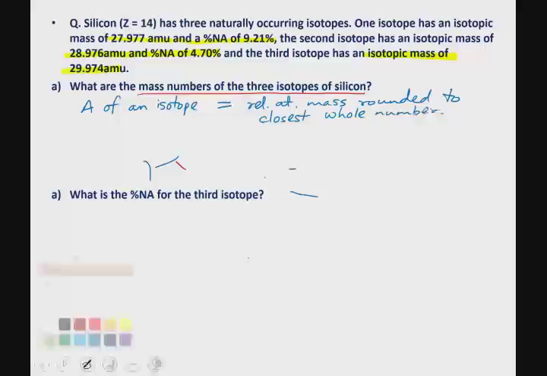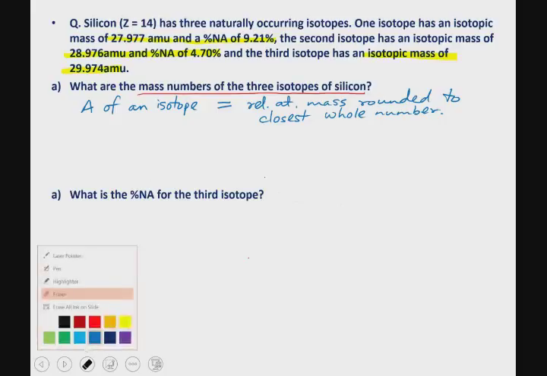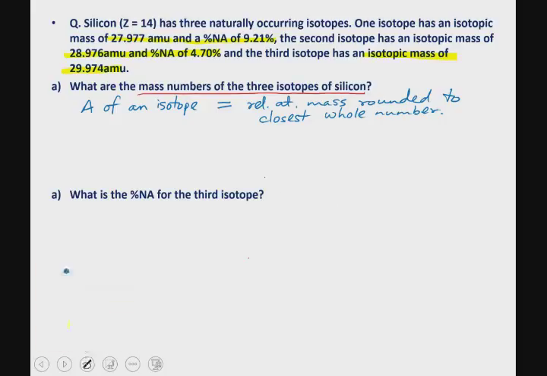This is true for every isotope. So if you look at the first isotope, its mass is 27.977 AMU.